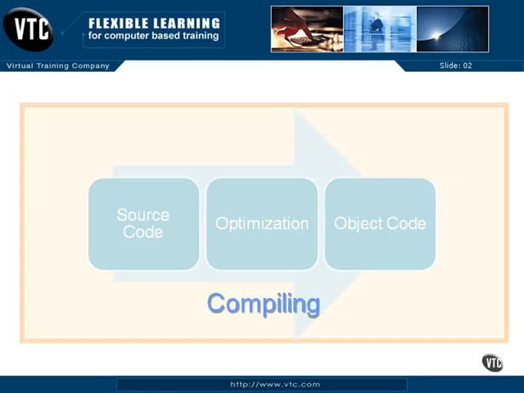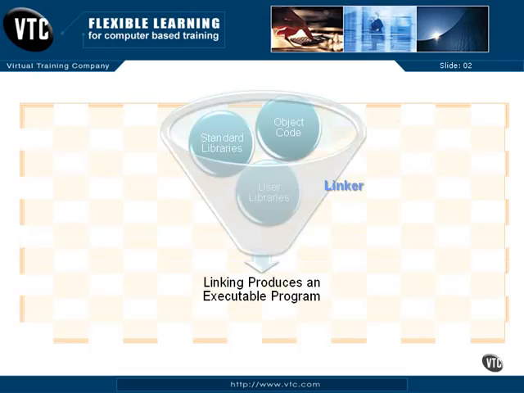And of course, to do that, we use a linker. A linker takes the standard libraries, our object code that we created from our compiling process, and any user libraries that we might have made or our company might have made. A number of programs that get used a lot to maybe run a piece of machinery that our company has created or something like that.